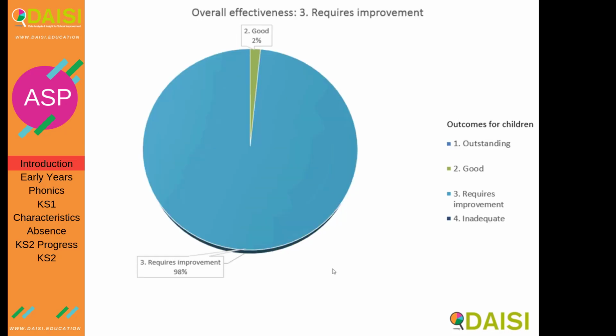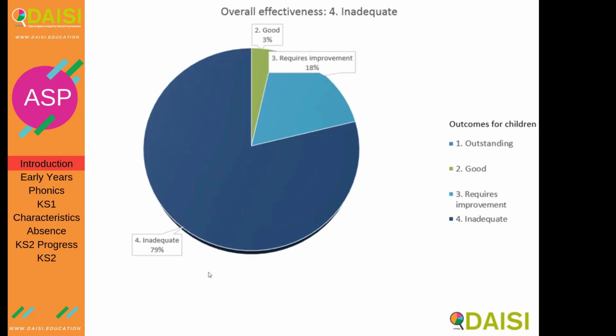If overall a school requires improvement, then 98% of the time, outcomes for children requires improvement. Now, inadequate is the presence of harm. So it might be a safeguarding issue or something else. But even so, 79% of the time when a school is inadequate overall, its outcomes for children are inadequate.